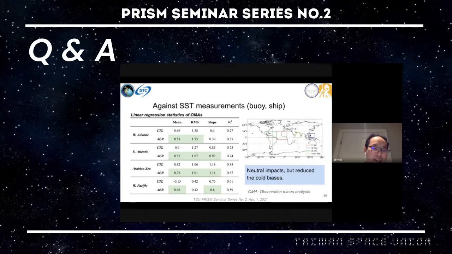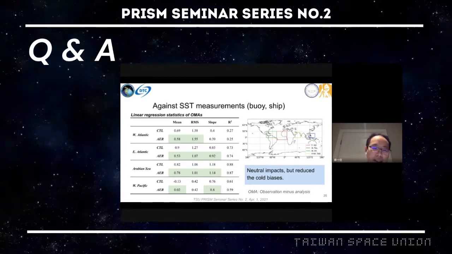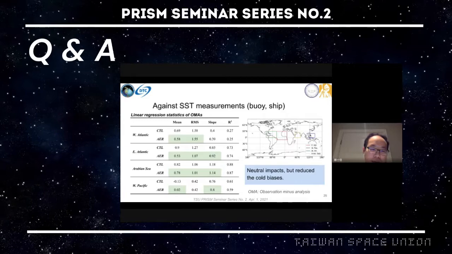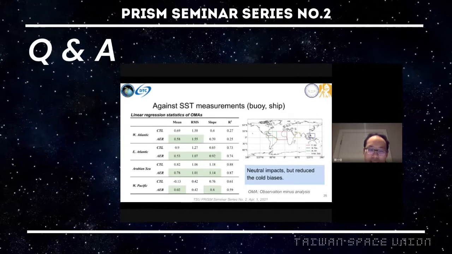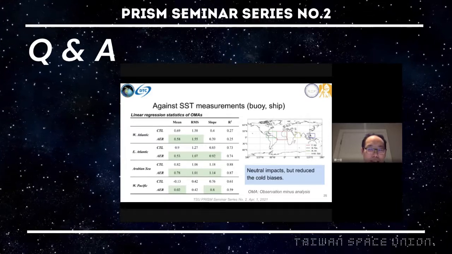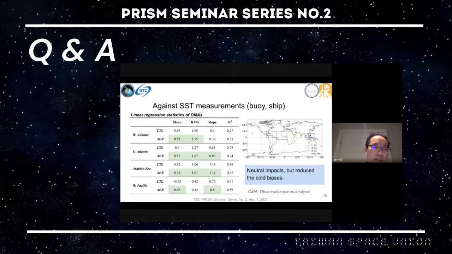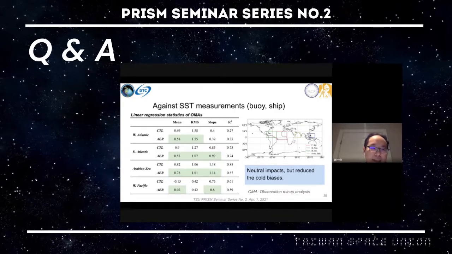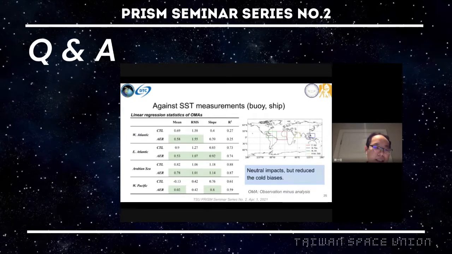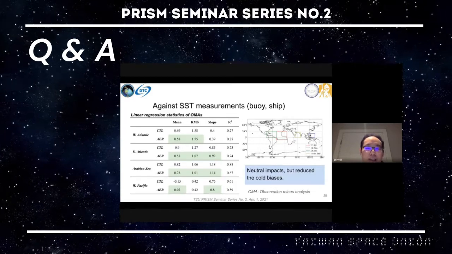Then you will generate a smaller analysis increment, and in this case you will have a cooler analysis temperature than the control run. That's the major reason. I have to say it's not really related to any specific aerosol.